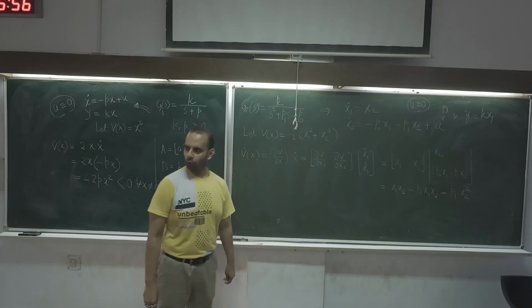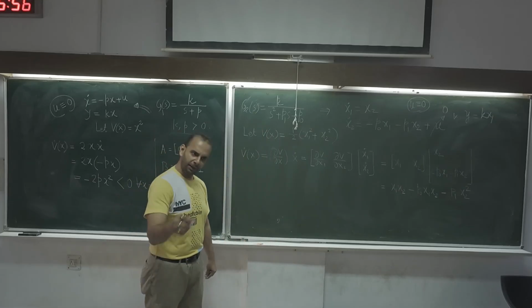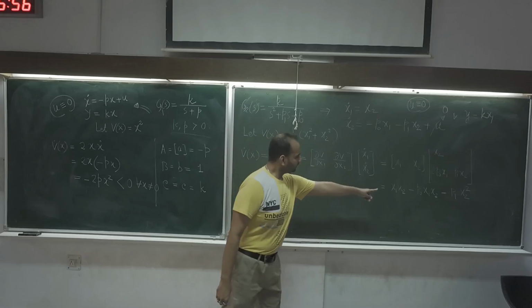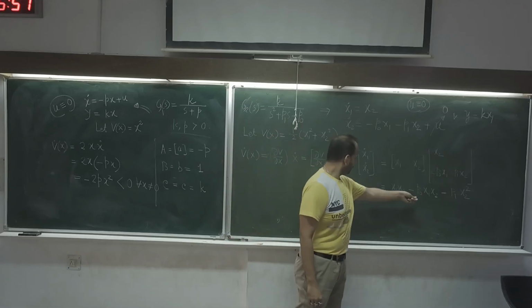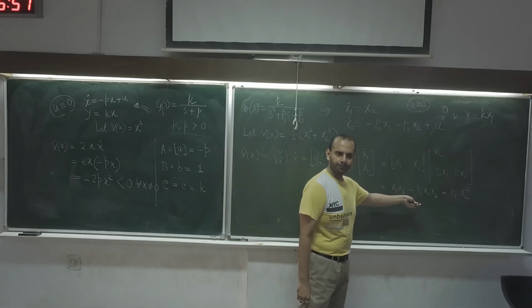Originally the system has of course U, but for the Lyapunov analysis we are making it unused. Okay. Now, are you confident that this is right, or did I make any mistake?